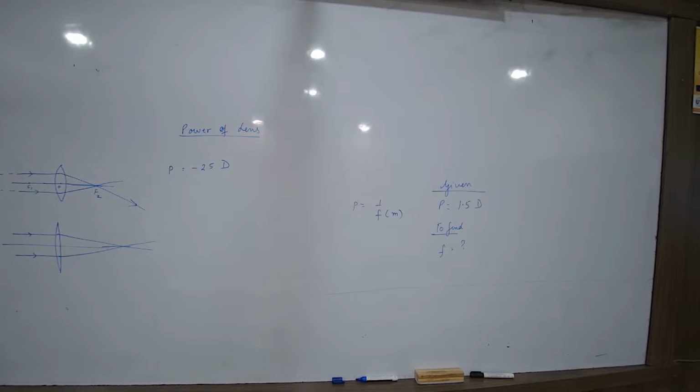Okay. Two convex lenses. Ready? Two convex lenses, write neatly, each of focal length 20 centimeters, are kept in contact with each other.